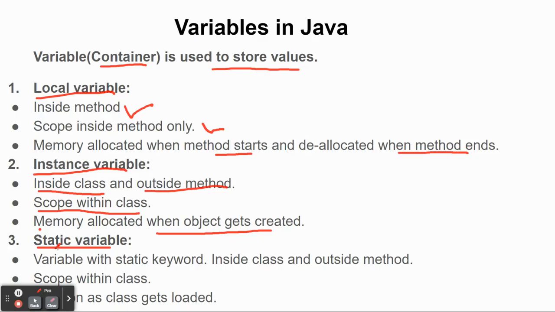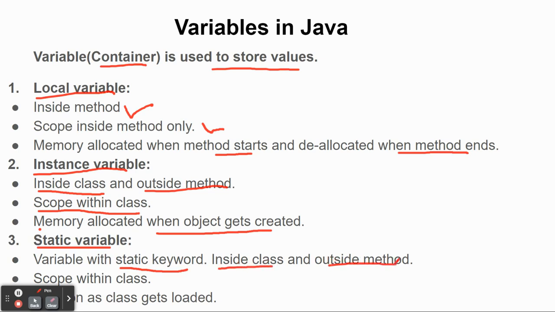So now the third type of variable is the static variable. What is meant by static variable? The variable with the static keyword. So first, the variable should have the static keyword. Now the variable should be declared inside the class but outside the method.